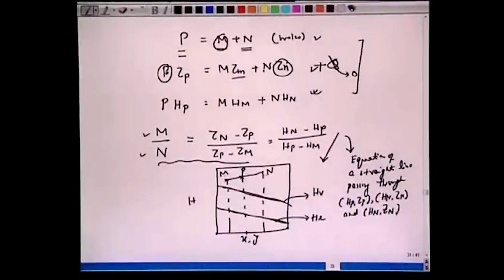So this would be Hn here, this would be Hp here, and this would be Hm. One can show by coordinate geometry that this P lies on a straight line between M and N. And M by N, which means Hn minus Hp over Hp minus Hm, is nothing but the ratio of the length Pn over the length Pm.